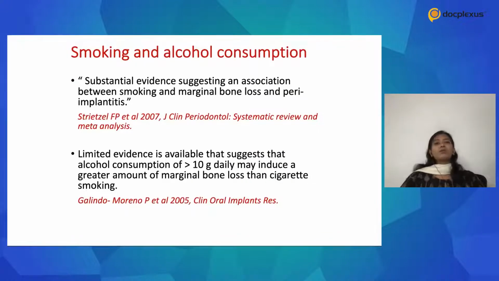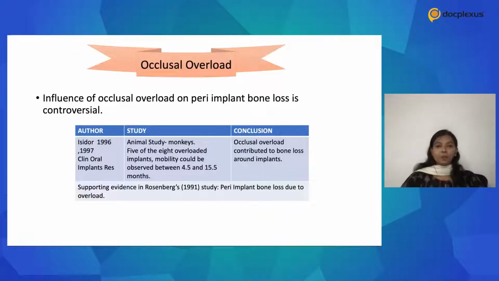Smoking and alcohol consumption are also equally stated to be very important risk factors, especially smoking more than say 10 cigarettes per day will definitely be a greater risk factor. So you need to motivate and talk to the patient accordingly. Also, alcohol consumption of more than 10 ml per day may also lead to increased bone loss around the implants.